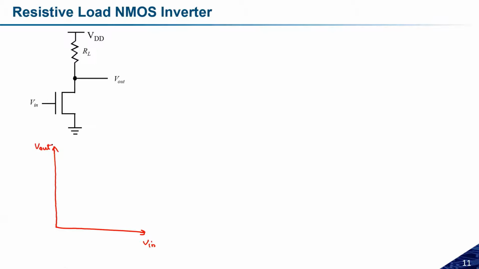V in and V out, and I'm assuming the output characteristics will be like this, with the input changing something like this.